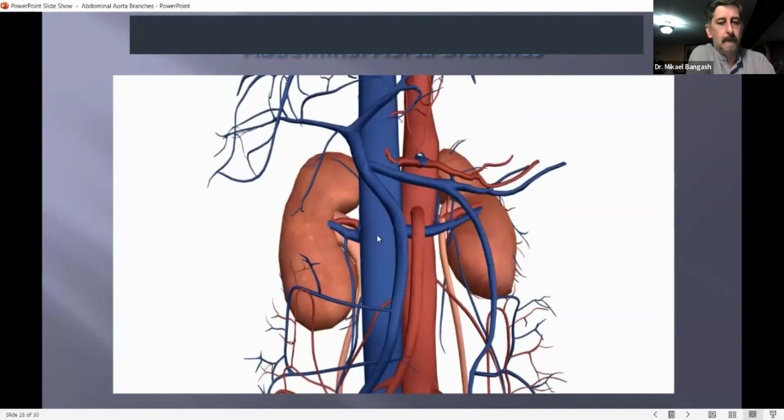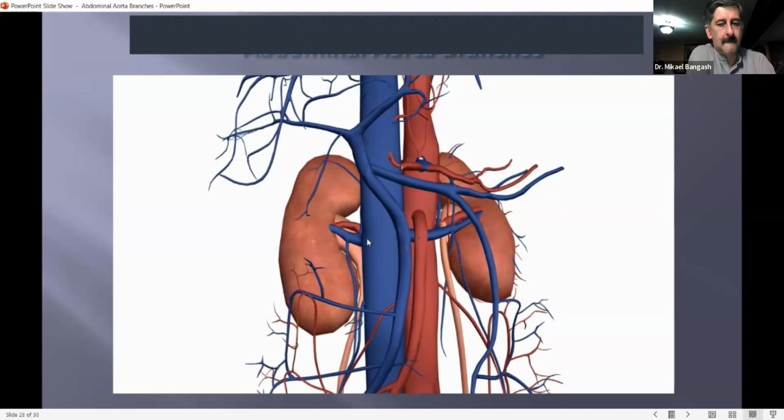The renal veins sit in front of the renal arteries, so it's opposite to the arteries. The left renal vein is longer because it obviously has to pass in front of the aorta. The left renal vein passes in front of the abdominal aorta and underneath the superior mesenteric artery.